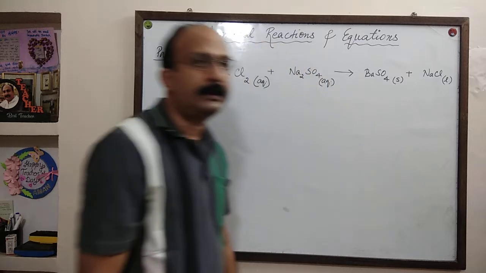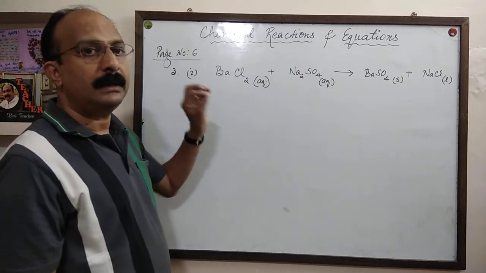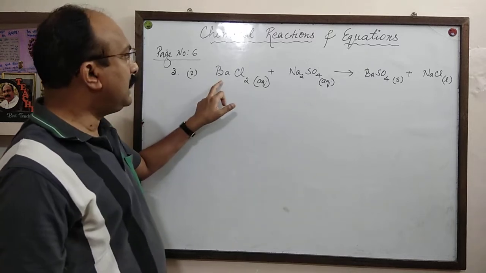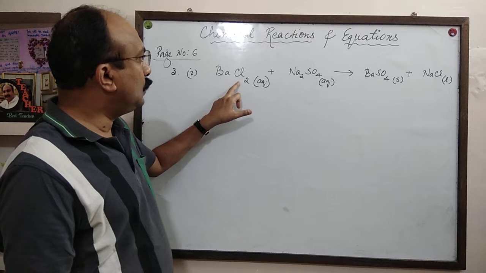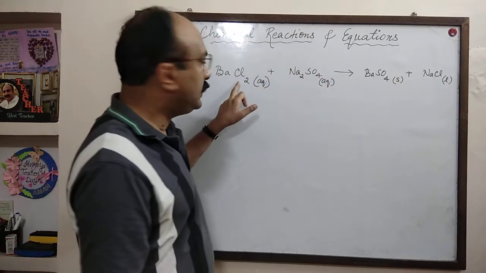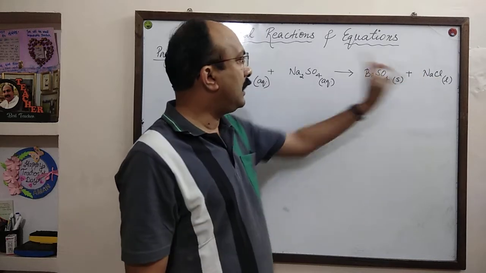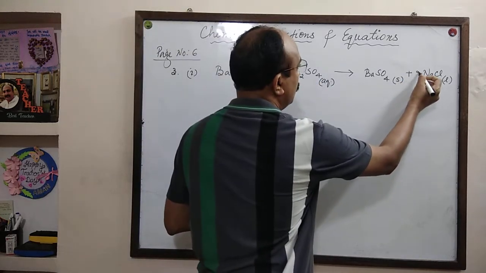Now the second part of the question is balancing. Take each element, count the number of atoms in LHS and RHS. Ba equal. Cl2, only Cl. Here there are two chlorine atoms, here there is only one chlorine atom. So how can we make chlorine atoms equal? By giving 2 here.